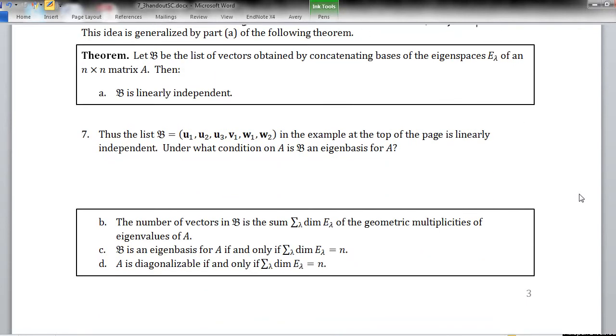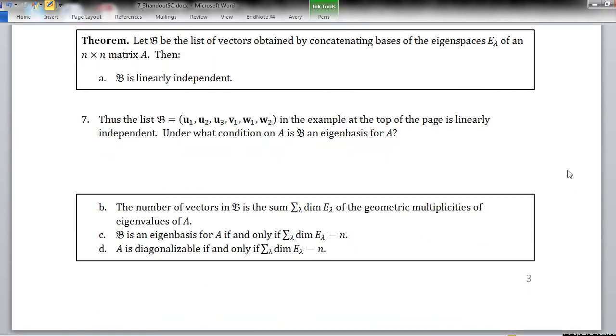Here's the general statement. If you concatenate bases of all your eigenspaces for a matrix, then that concatenated list, curly B, is linearly independent. Think again of my example at the top, where we threw together these bases for 3 eigenspaces. Under what condition on the original matrix would this actually be an eigenbasis?